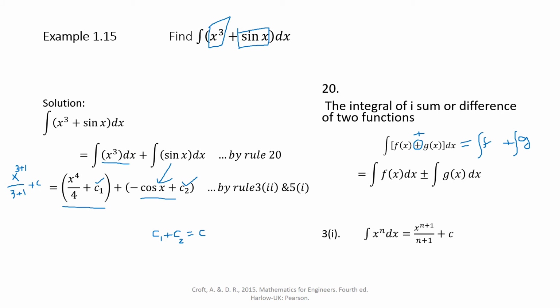And I explained this, we use this rule. This is 3-1. We use rule 5. Rule 5i is this one applied here, and rule 3i was used here.